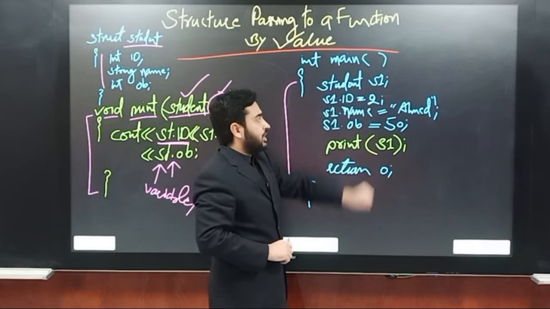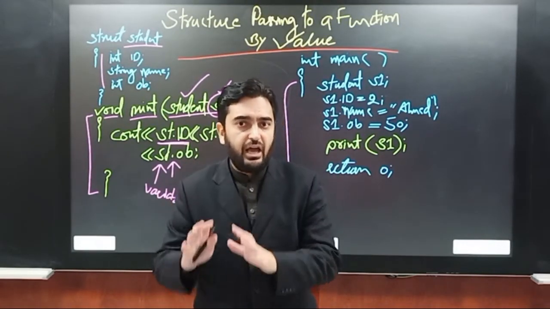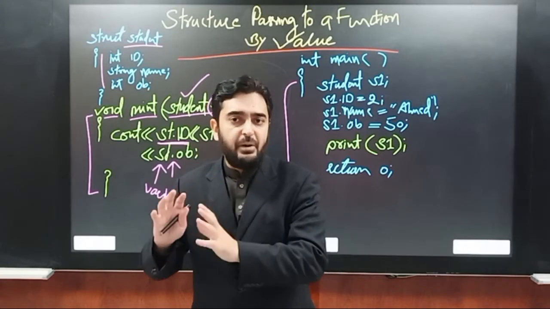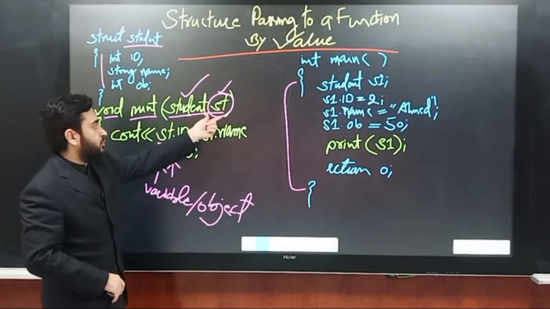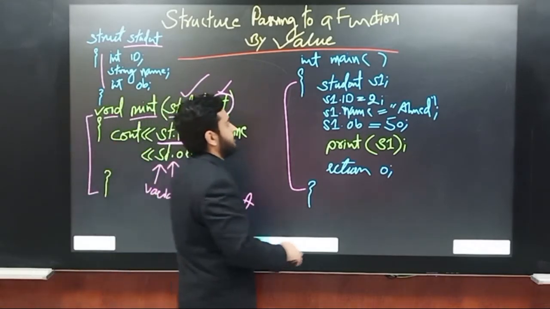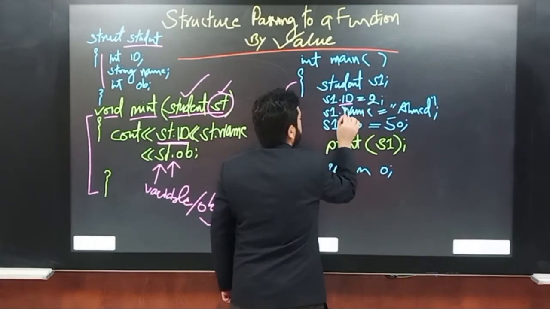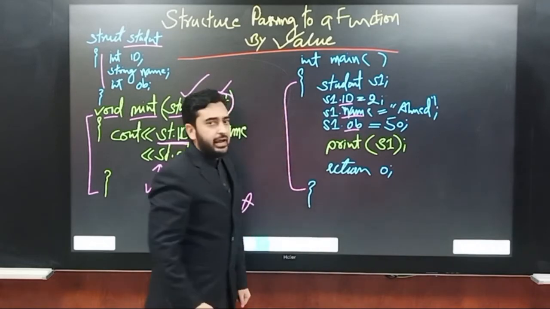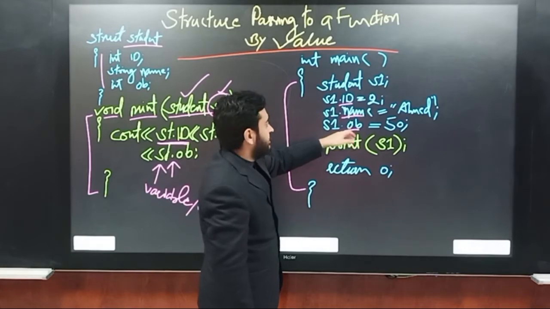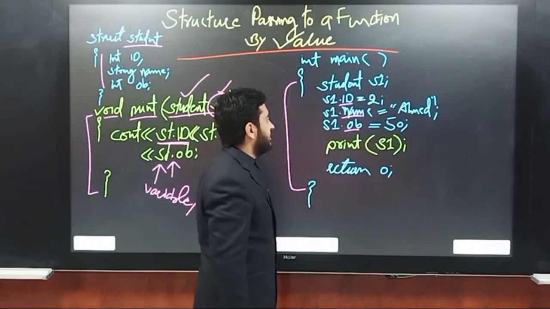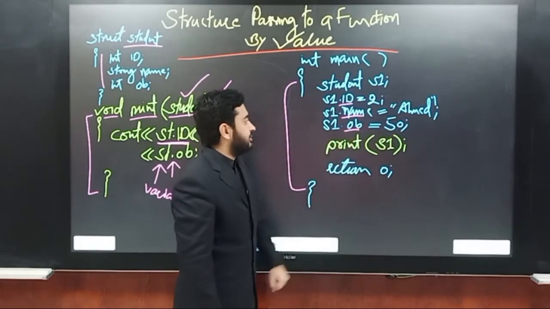Now this s1 has a separate place in the memory, a separate reserved space, different from the space reserved for st. Through s1 we access the data members id, name, and ob, and assign values to them. This is 2, this is Ahmad, and this is 50, assigned to ob.